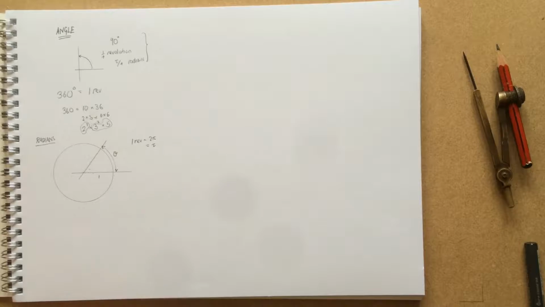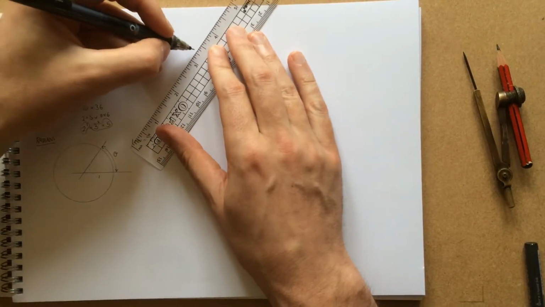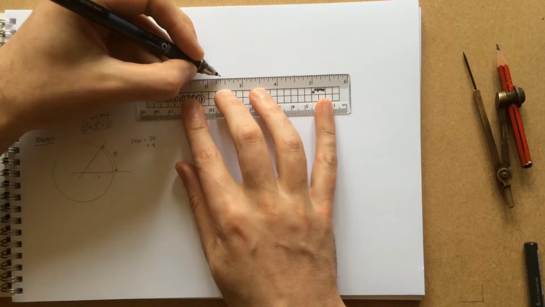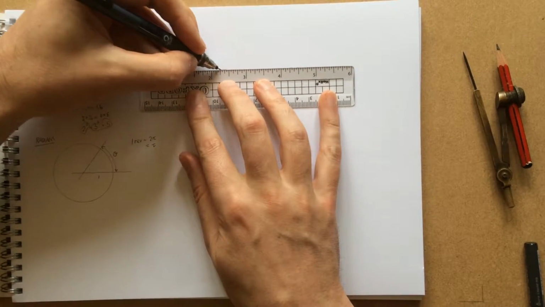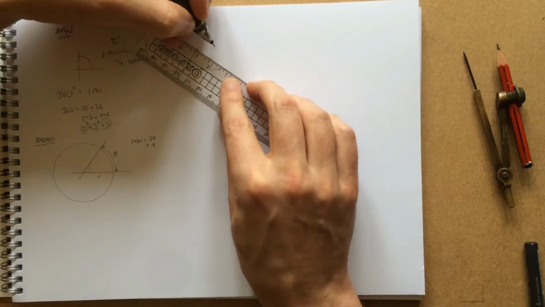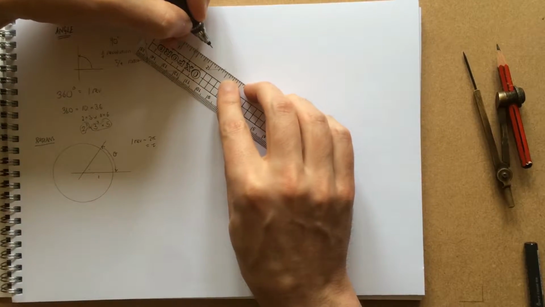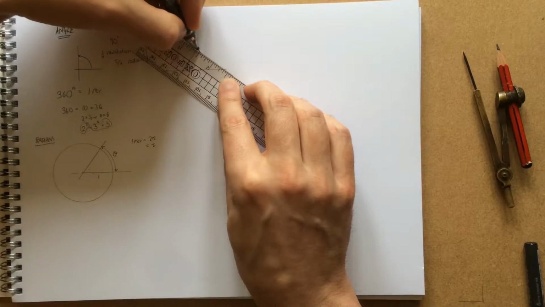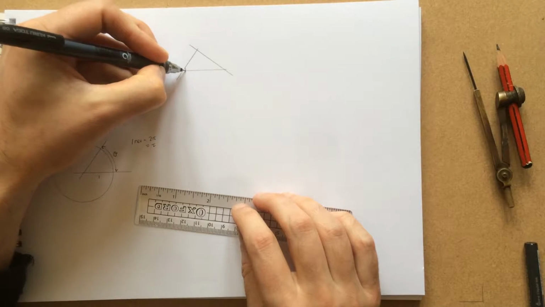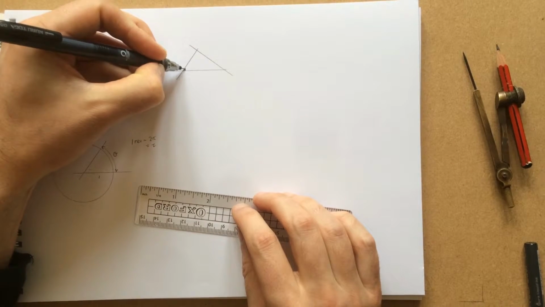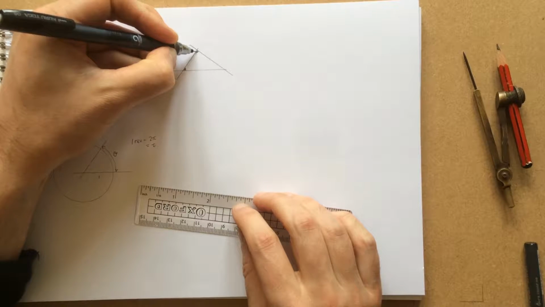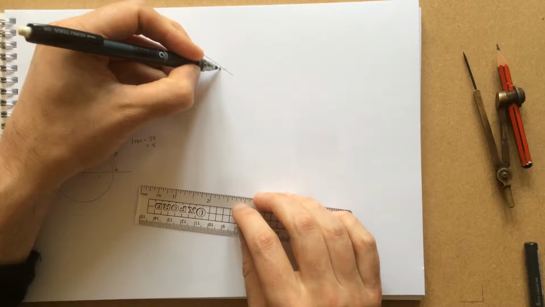So, challenge. If you add up all of the angles in a triangle, what do you get? You add up this, this, and this.